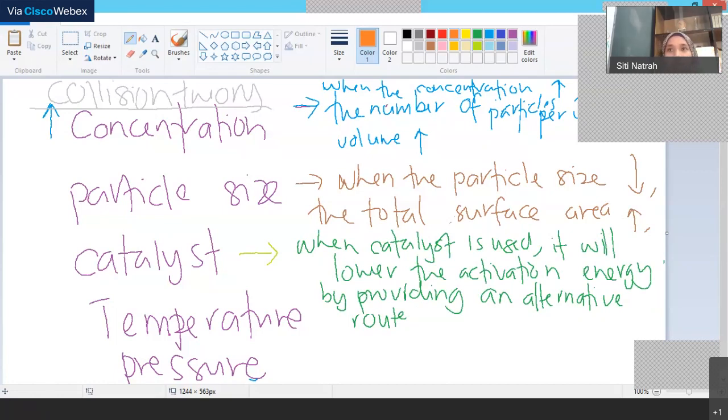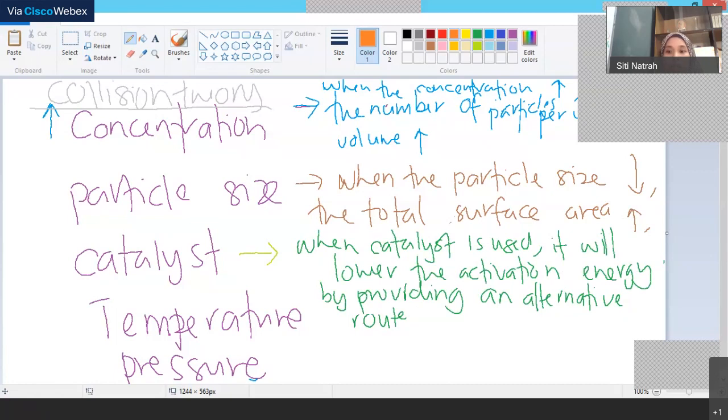Okay, so for particle size, macam tadi cikgu bagi contoh lah, garam halus dengan garam kasar. For catalyst ni pun sama. So bila kita guna sikit je, dia dah akan rendahkan activation energy, which is you akan provide alternative path. Macam dia jalan shortcut lah, providing alternative path. Okay, dia jalan shortcut, so your rate of reaction also akan tinggi.